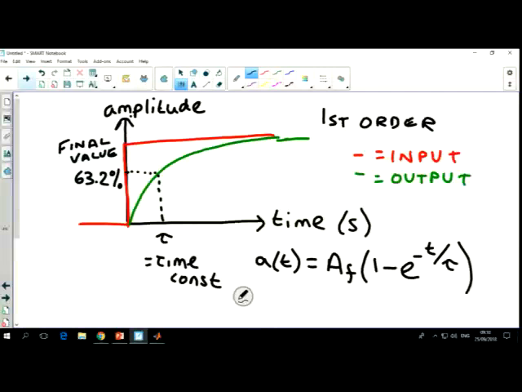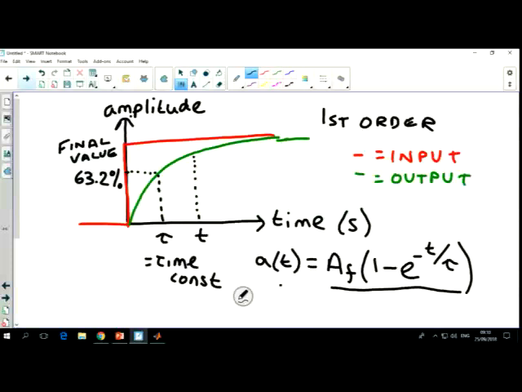So at any point, that equation equates to that 63.2%. If I wanted to measure the amplitude at that time, all I would need to do is put in all my values and I would get the value of A at that time.